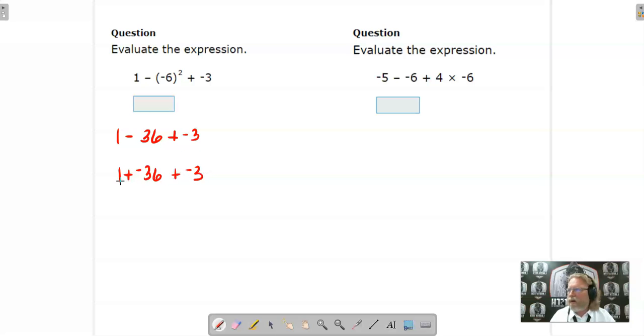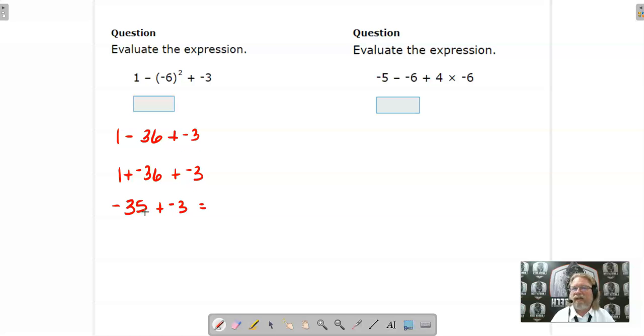So here we have a positive being added to a negative. So we could subtract them, and that would be 35. But 36 has a greater absolute value than 1, and 36 has a negative sign, so we're going to make the 35 negative, and then plus negative 3. At this point, we're at negative 35, and we're adding a negative 3, so it's going to be even more negative.